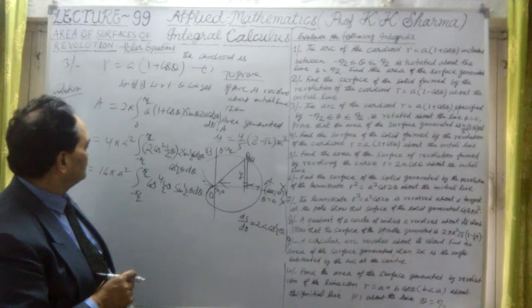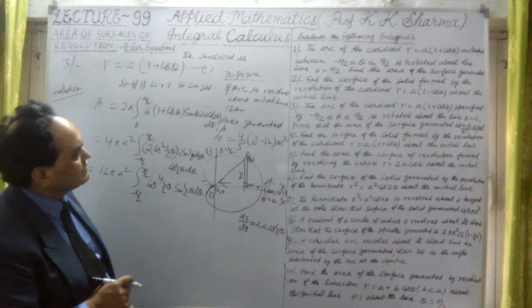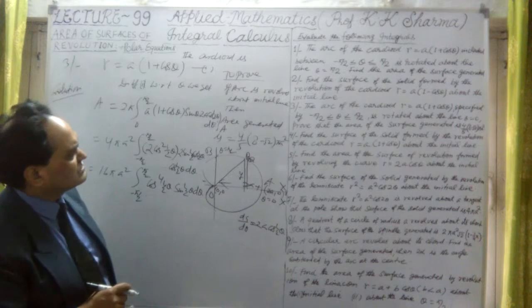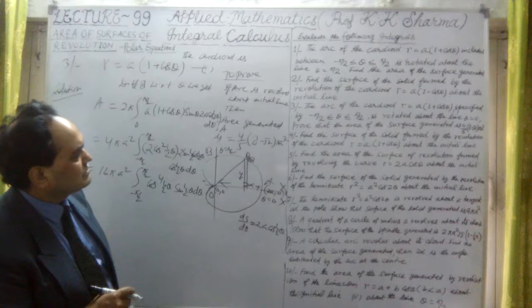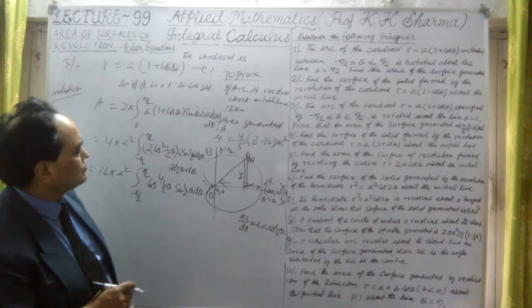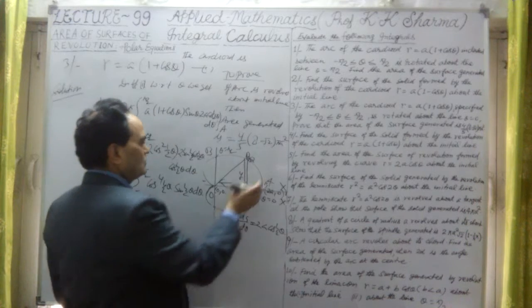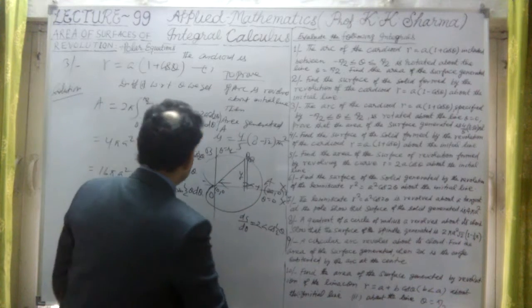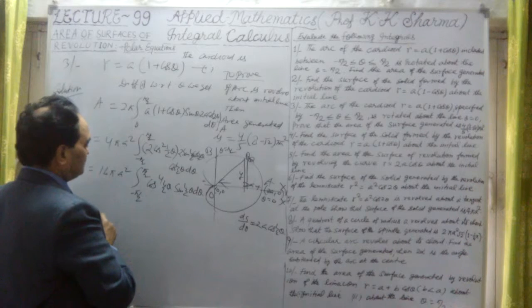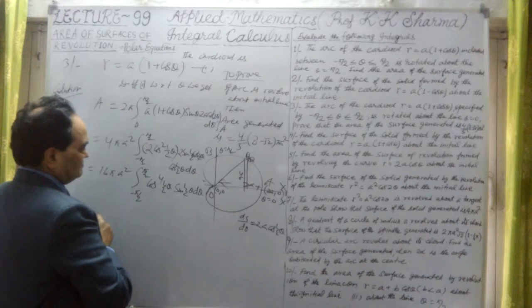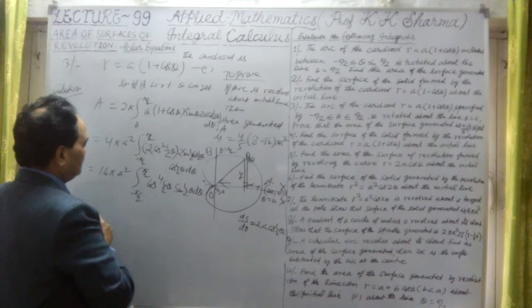Sorry, 0 to pi. Third question. Theta 0. I'm sorry, why have I taken this? This arc, this whole arc will be there. 0 to pi we have to take here. I'm sorry, it is 0 to pi here.